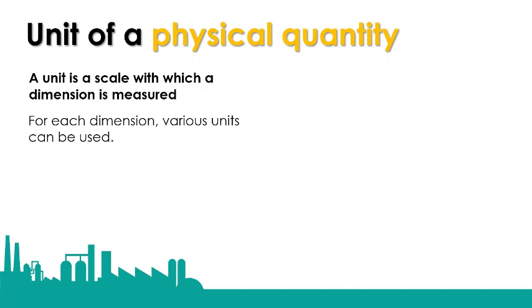From our discussion in the previous slides, a unit is a scale with which a dimension is measured. There are various systems of unit used around the world to provide unit for each dimension.